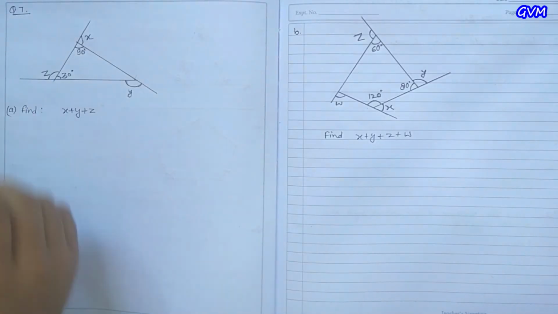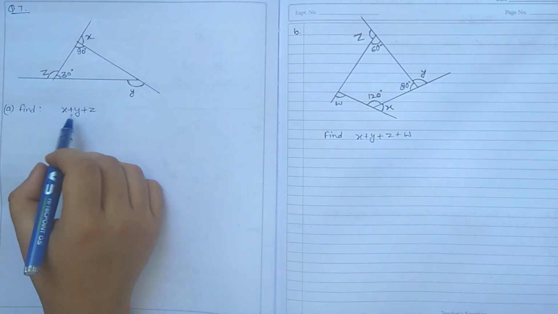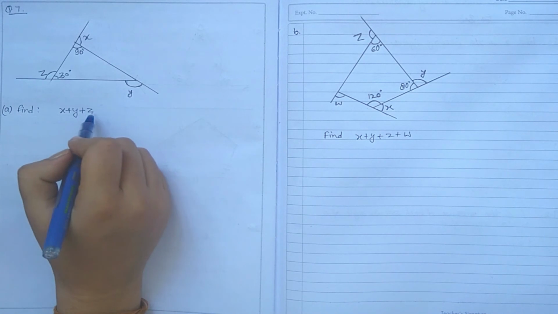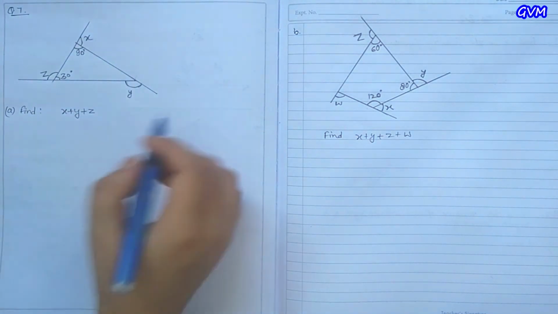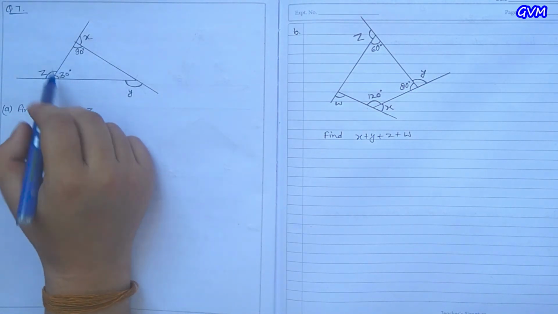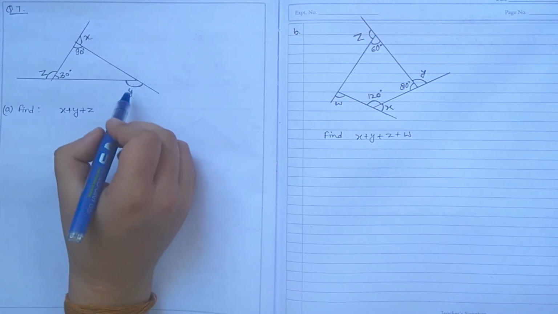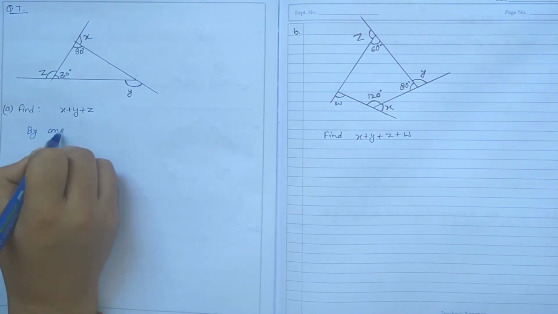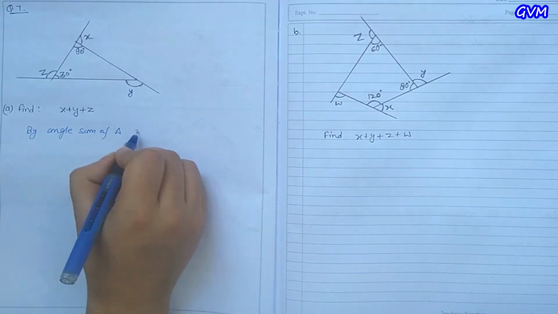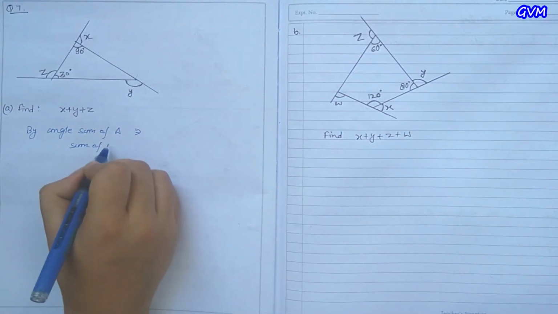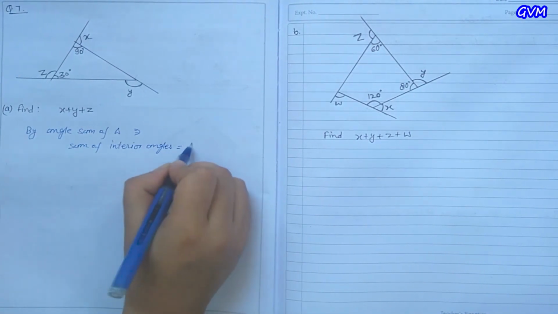Now we have question number 7. We have been given a figure and we need to find x, y, z. So x, y and z are exterior angles, and the interior angles in this triangle are 90, 30, and this one is unknown. So by the angle sum of a triangle, the sum of interior angles is equal to 180 degrees.